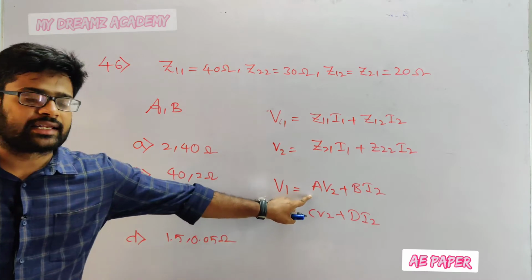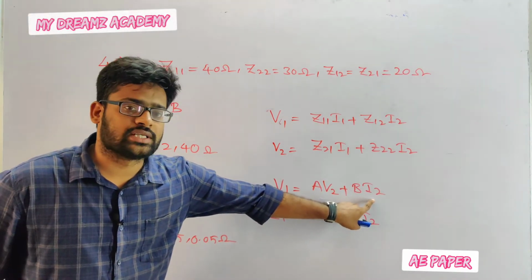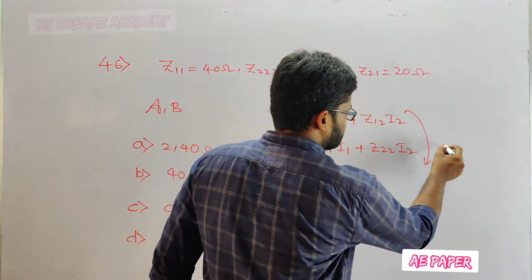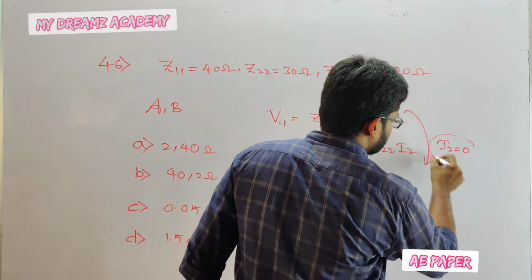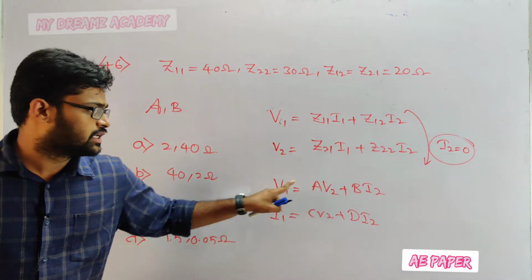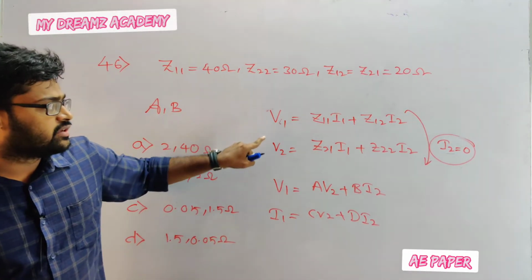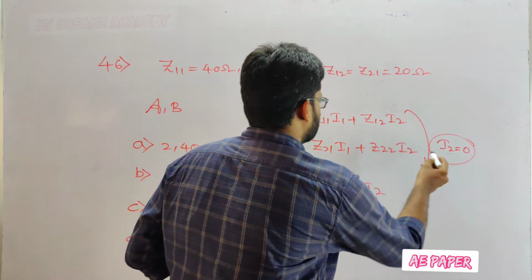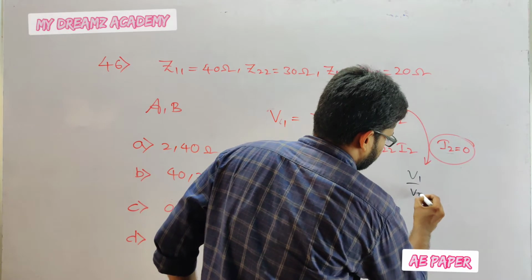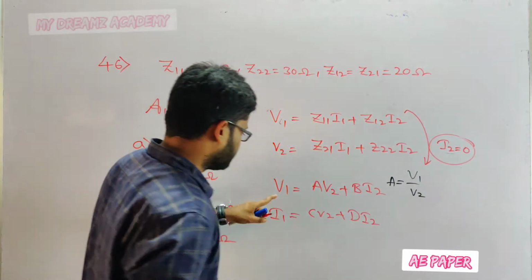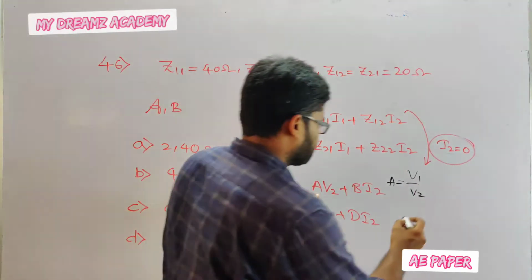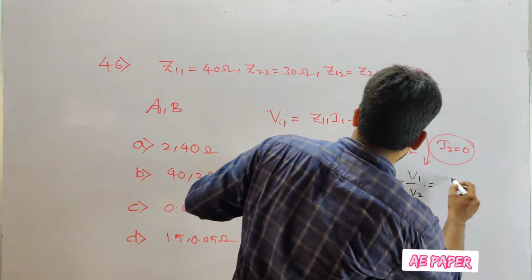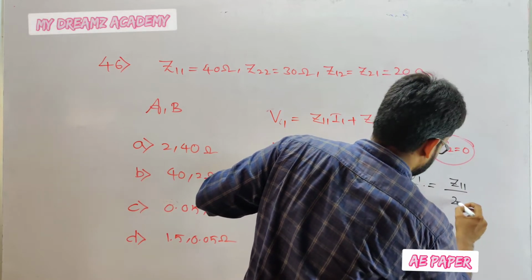In order to calculate the A value, we need to make I2 equal to 0. If I2 is equal to 0, how can we calculate the A value? V1 by V2 gives A. So at I2 equal to 0, V1 by V2 is nothing but A, that is Z11 divided by Z21.